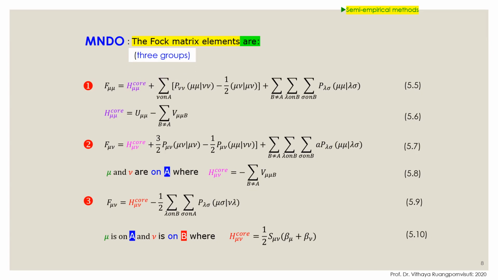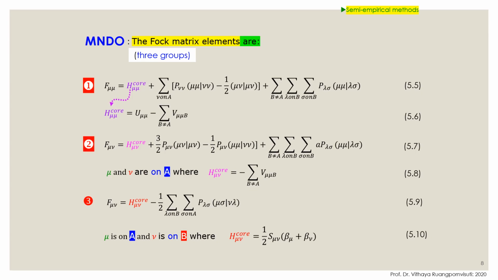The Fock matrix elements in the three groups can be obtained as follows. The first group can be obtained using equation 5.5, where H core mu mu can be calculated from equation 5.6.